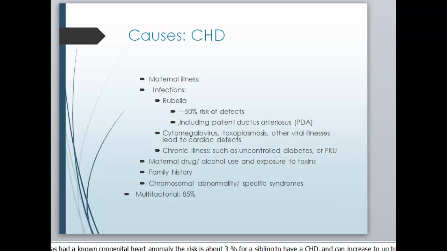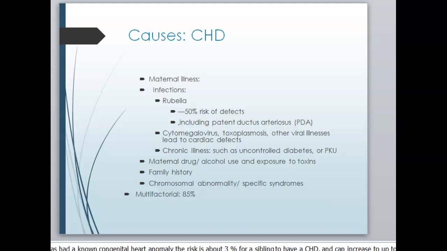You get the mumps, measles, and rubella vaccine, which includes the vaccine against rubella. 50% of heart defects can result from rubella, including patent ductus arteriosus. Also, some other infections, such as cytomegalovirus, toxoplasmosis, and other viral illnesses can lead to cardiac defects.